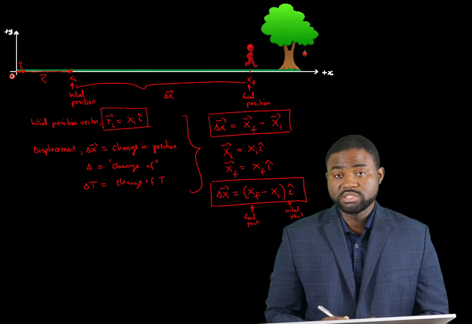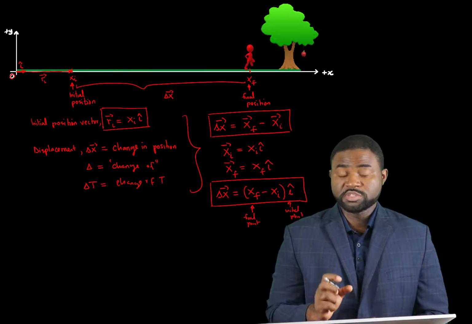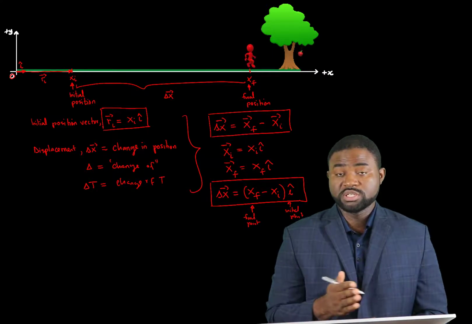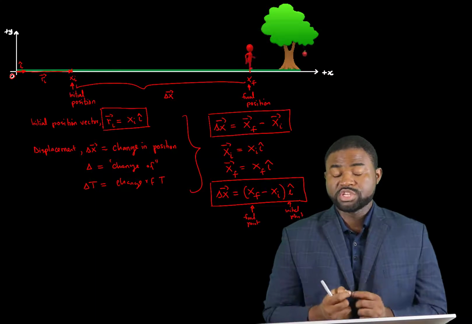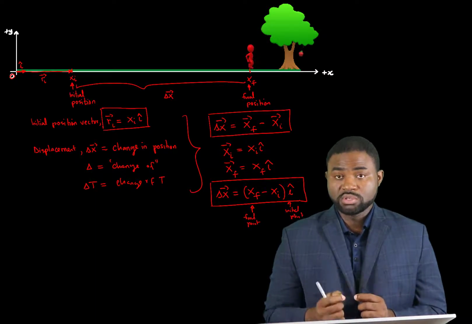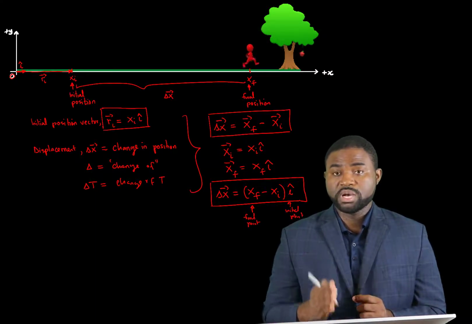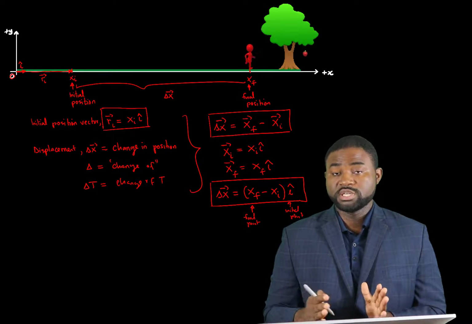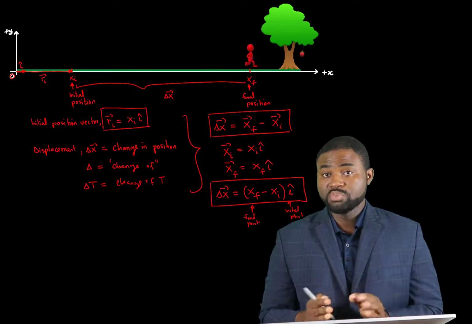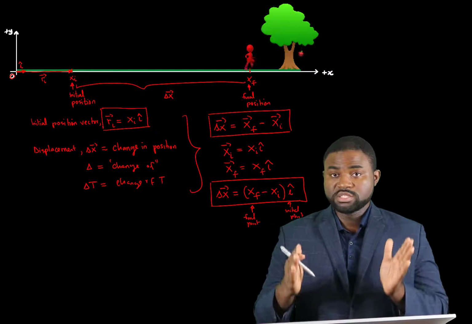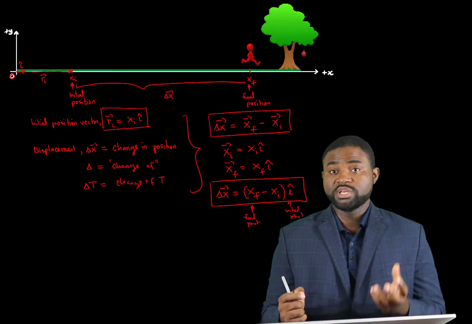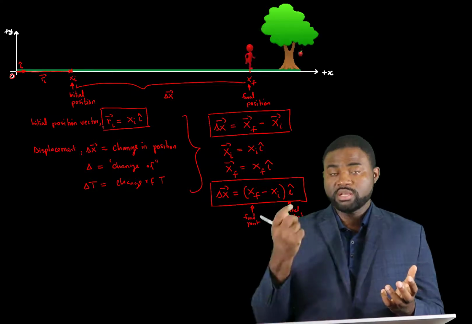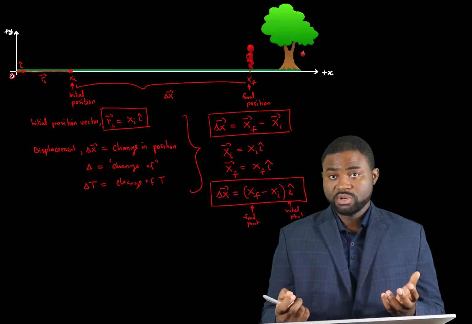Now this brings us to one definition. What then is the difference between the displacement of an object and the distance traveled? That is a very good question. The distance traveled is the total length of path covered by an object as he or she moves, while the displacement of an object really is just the difference between his final position and his initial position.